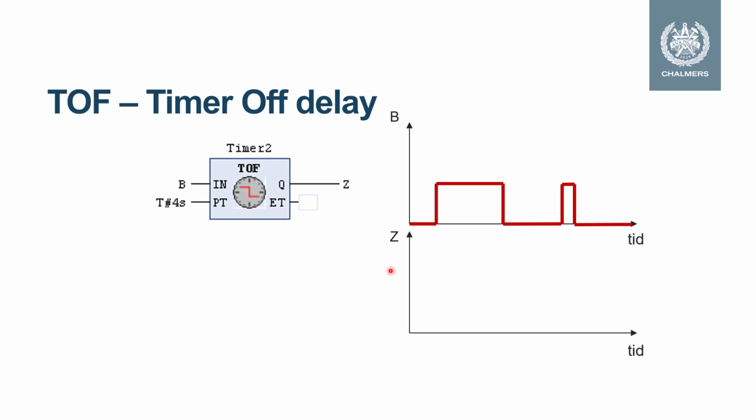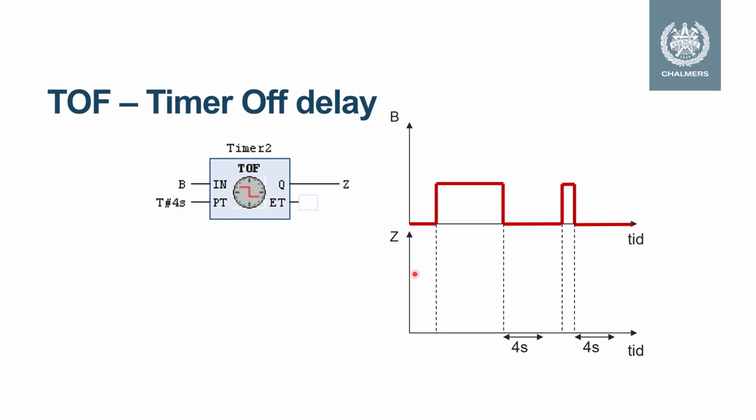This timer is a timer off delay. We can see that on the symbol it's going down here, which means that we want to measure the amount of time that B has been low. Therefore, we start the clock when B becomes low, and then it measures the time for 4 seconds, because that is the preset time. And our ET will register the time from when the clock started until 4 seconds.